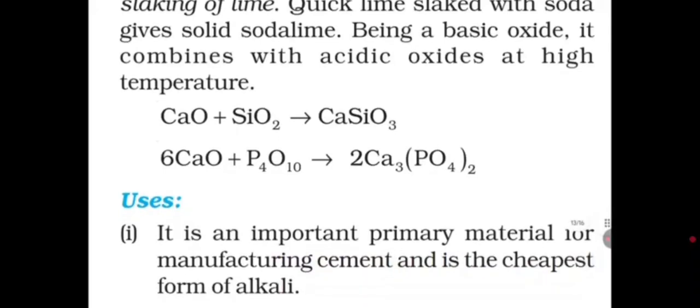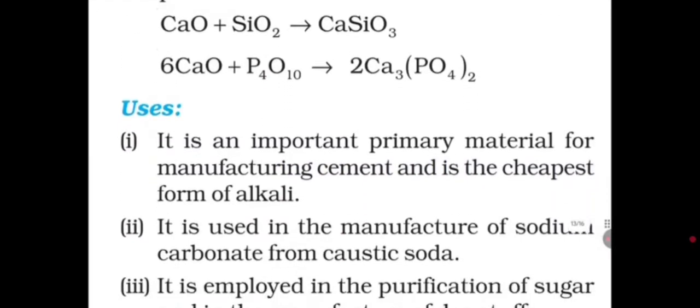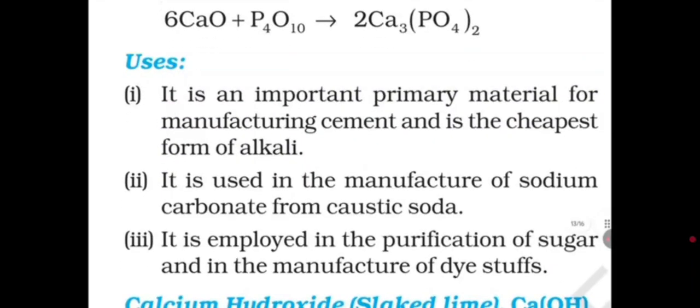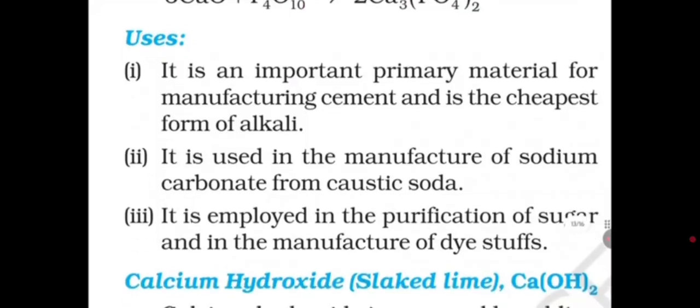Being a basic oxide, it combines with acidic oxides at high temperature. Calcium oxide plus silicon dioxide gives CaSiO3, whereas 6CaO plus P4O10 gives 2Ca3(PO4)2.